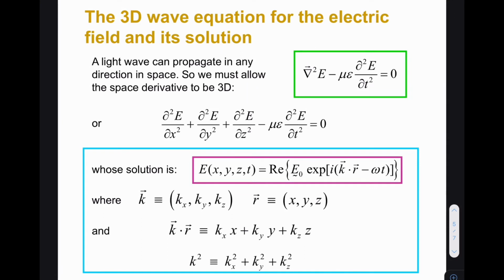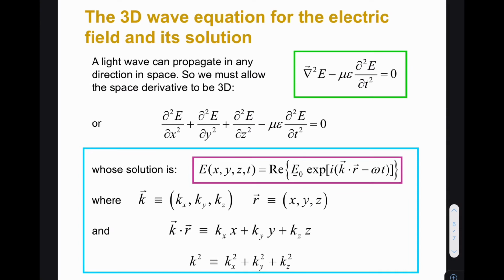So the wave equation for electric fields in three dimensions takes this form, where we have replaced the partial derivative with respect to x with this del operator. And if we expand this Laplacian in Cartesian coordinates, it would look like this.